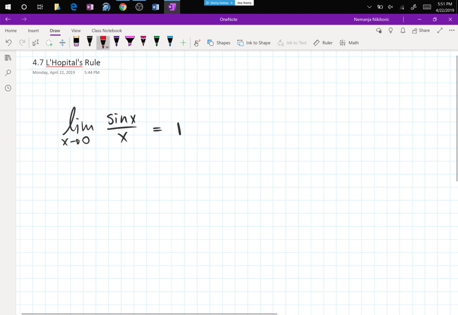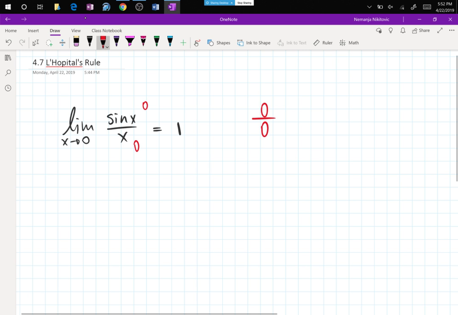If you end up with 0 in the denominator or any kind of other extraneous situations, then you have to use something else. For L'Hopital's rule, when you plug in 0 for x, sine of 0 is 0, you get 0 divided by 0, indeterminate form. And we'll see that we have two indeterminate forms. There's also infinity divided by infinity.